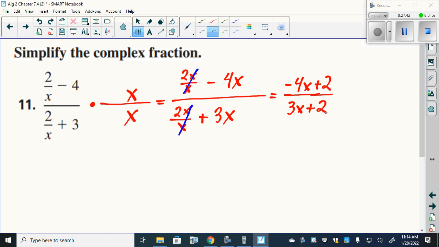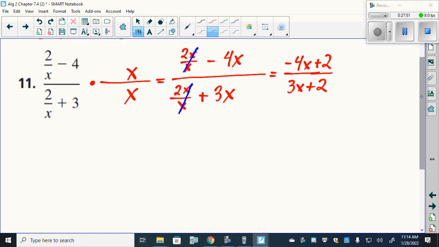So really, multiplying by the x did eliminate every fraction in the numerator and every fraction in the denominator, and we get this here. Well, the numerator does have a greatest common factor, and we can pull it out.